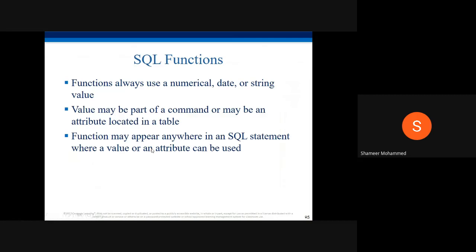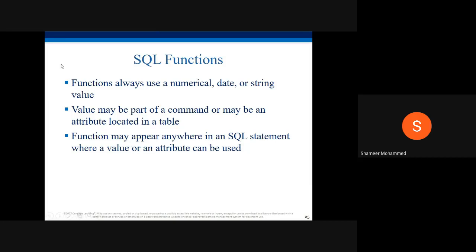Now the last part of this lecture is that there are some predefined functions available in the Oracle DBMS software. When you are doing your assignment or your project, there are different data types. There are different functions you can perform like sum, average, count, or converting a number to a string.